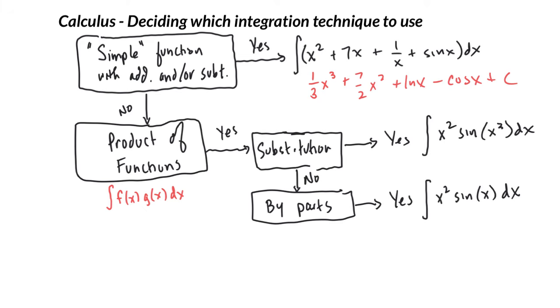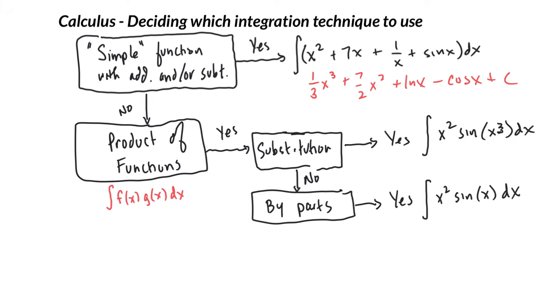And what I look for with substitution is, do I have a part, like you can see this is x squared times the sine of x cubed. If I were to make u x cubed, we call it u substitution, the derivative of that is 3x squared, and I could easily transform the derivative into x squared with a constant multiplier.